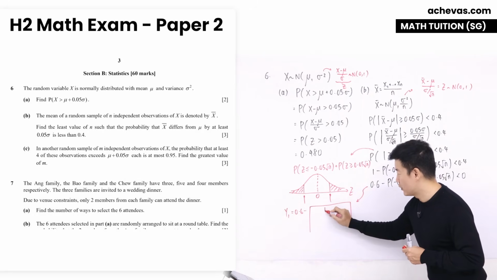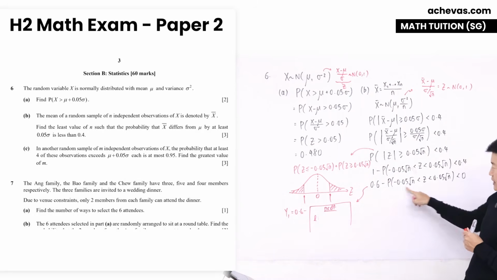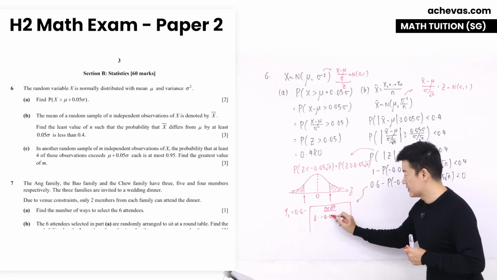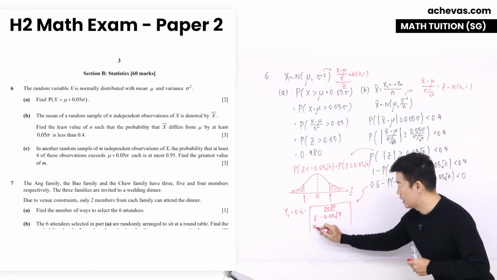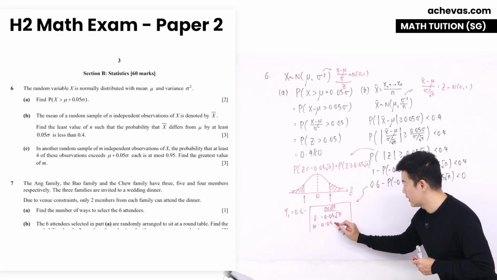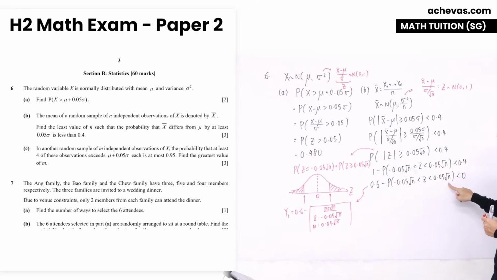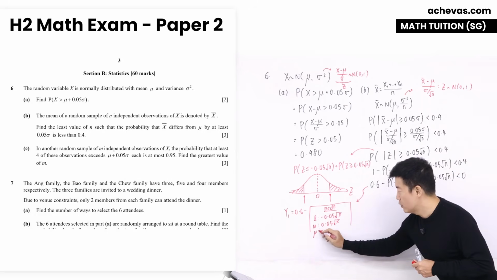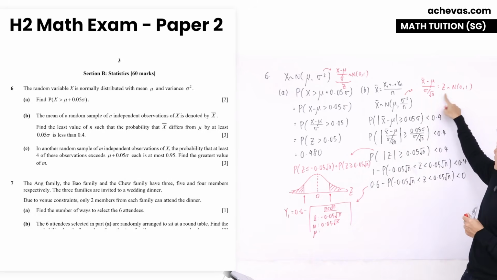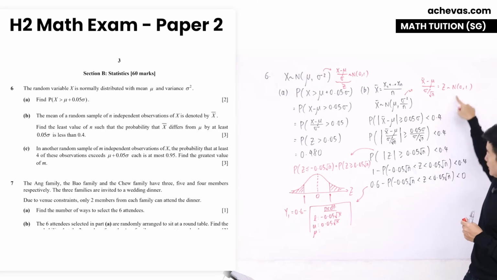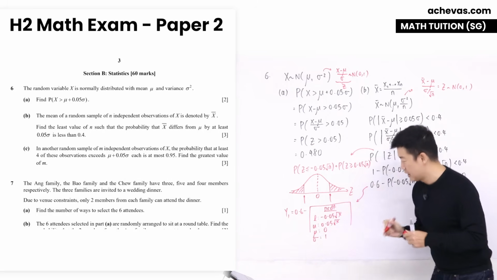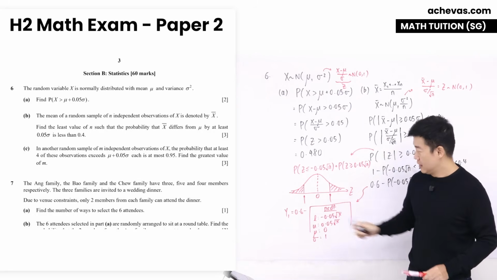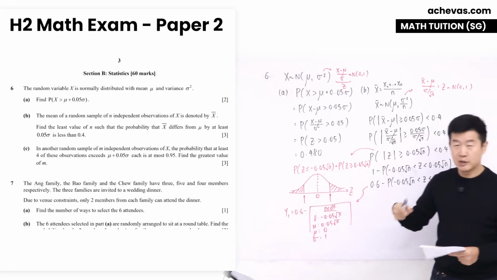If I press normal CDF, it will ask us for the lower limit, and I'll enter minus 0.05 square root of x. Then it will ask for the upper limit. It will be 0.05 square root of x. It is going to ask for mu, since we are using z. So z follows the normal distribution of 0, 1. Mu is going to be 0, and sigma is going to be square root of 1, which is still 1. I'll paste this into my y1, then we will generate a table.